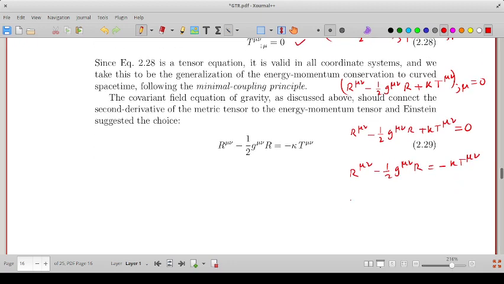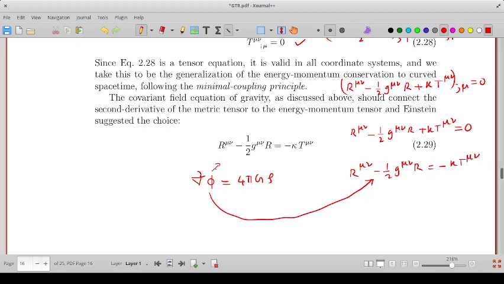Now this equation has a similarity with the Newtonian equation of gravity, because on the left-hand side we have a tensor involving second derivatives of the metric tensor, and in the Newtonian limit, as we have already seen, the metric tensor is what is related to the gravitational potential, and the Newtonian gravity equation is del squared phi equal to 4 pi G rho. So we can generalize this term to a tensor of this form.